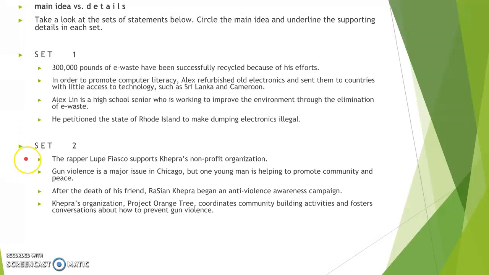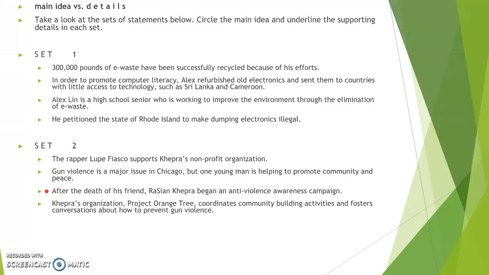Before we show you the answers, let's look at set 2. We have the first bullet point. The rapper Lupe Fiasco supports Kempra's nonprofit organization. Bullet point 2. Gun violence is a major issue in Chicago, but one young man is helping to promote community and peace. Bullet point 3.